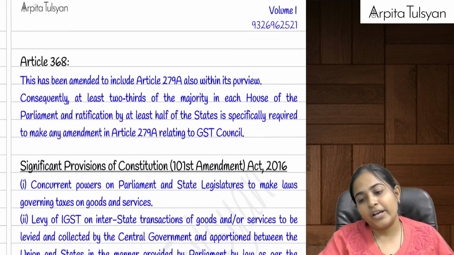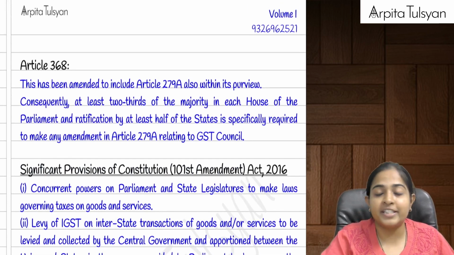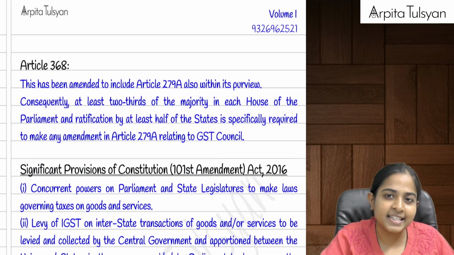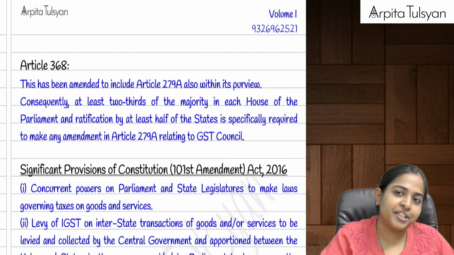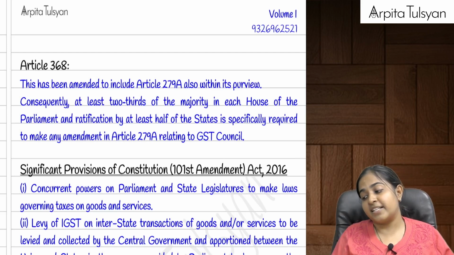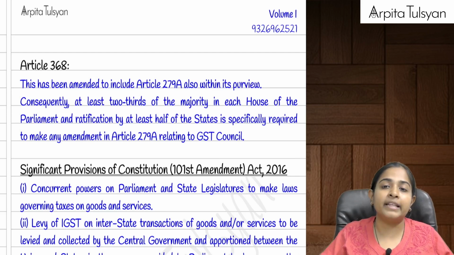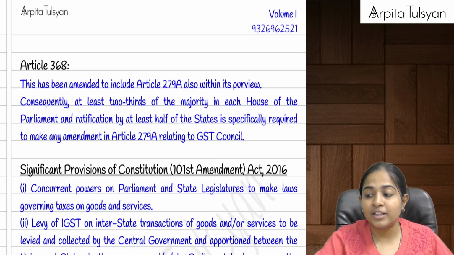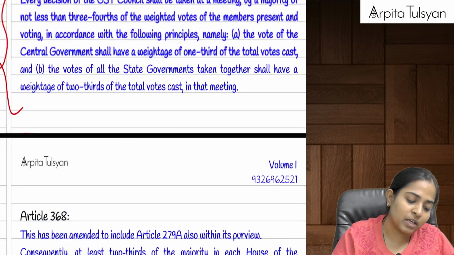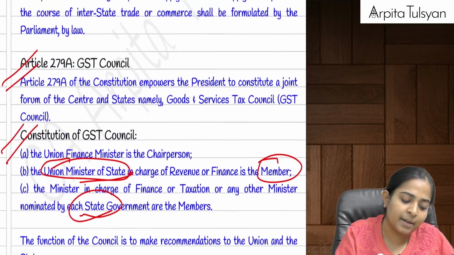Okay. Acha, now whatever we studied about the weighted average, that was for the decision which is taken by the GST Council. Can we do some changes in the GST Council? Can we do some changes in the chairperson or in the members of the GST Council, etc.? Yes, you can do. But for that, can we say this GST Council was formed because of Article 279?